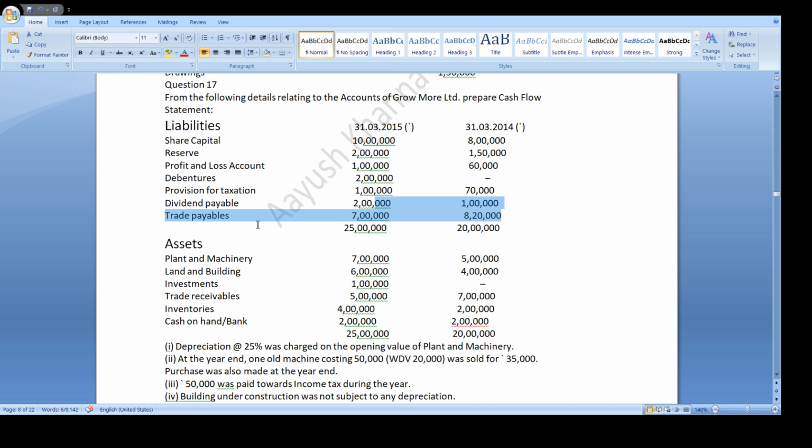Okay, and provision for taxation. Opening and closing balance is given. We are provided in the third point that rupees 50,000 was paid towards the income tax during the year.